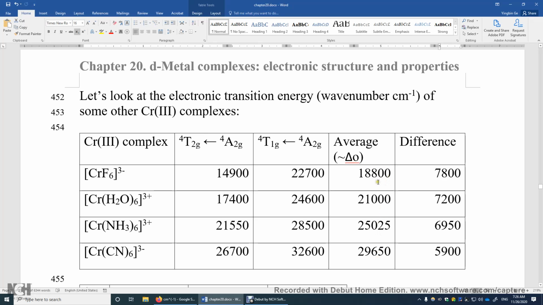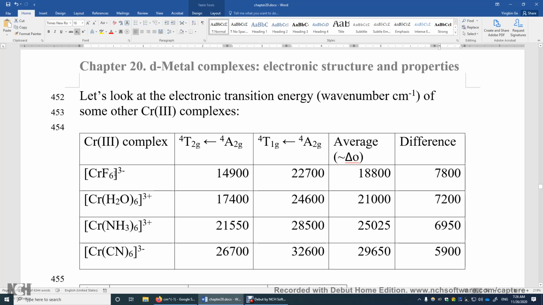So these 4 numbers are slightly higher than the range I mentioned above. So ammonia is supposed to be in the middle. It's supposed to be around 20K. It's 25K, slightly higher. I think if you have chromium 2+ here, it's going to be closer to 20K. And another reason this is quite above 10K is because this is not the weakest field ligand.